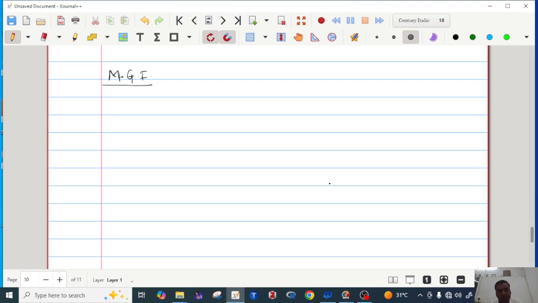The full form of MGF is moment generating function.